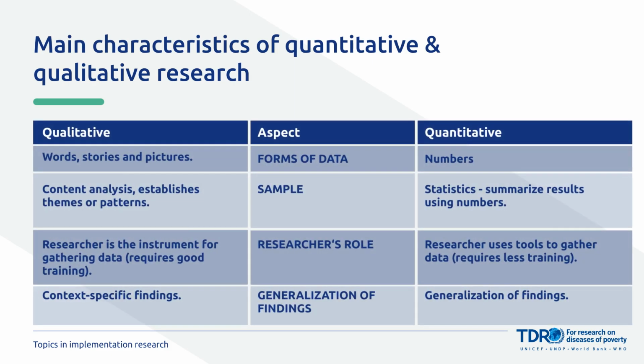Using open-ended guidelines, semi-structured questionnaires, and probing, the researcher is the instrument for data collection, which requires more training. Data are collected as words, stories, and/or pictures, and are analyzed through content analysis, establishing themes or patterns. It is also collected as smaller samples through purposive sampling strategies, thus the findings are context-specific.